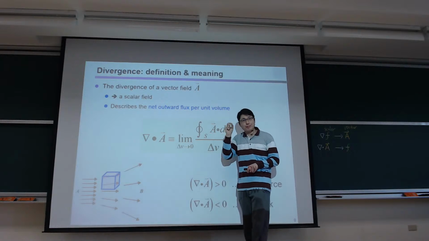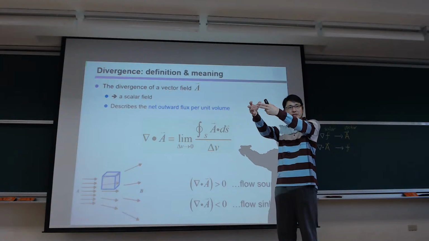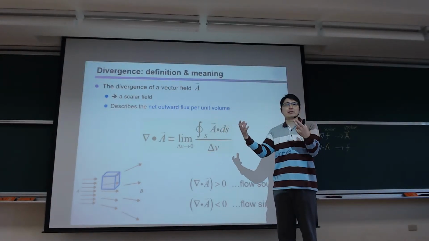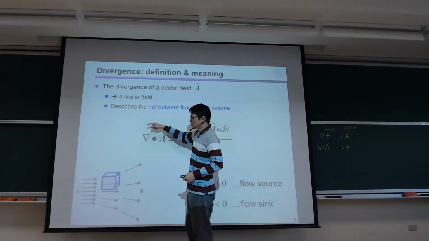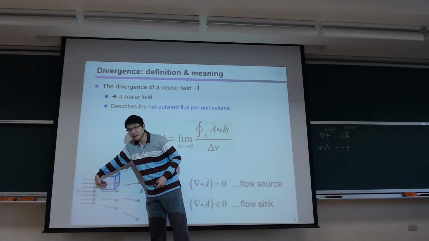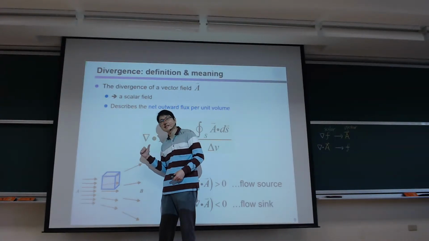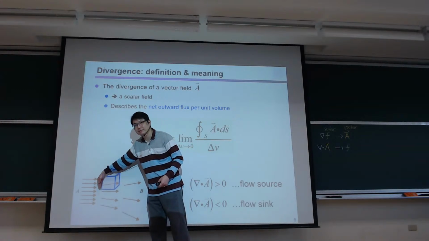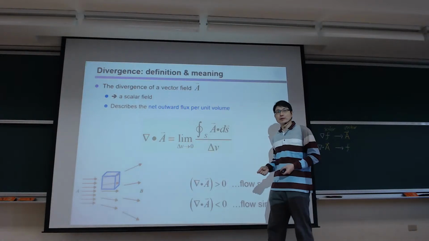So this is something you have to remember. The meaning is you have a three-dimensional solid structure and you are trying to sample how much of the field is flowing out. And net means you might have a certain surface flowing in, so it takes on a negative value, but then maybe another surface is flowing out, it takes on a positive value. So positive plus negative, does it go to zero? This is extremely important for you to understand.